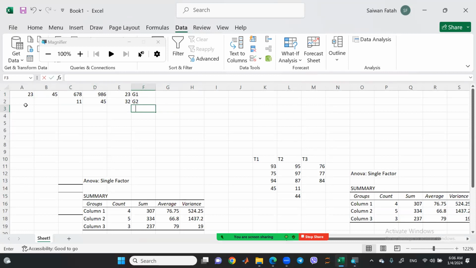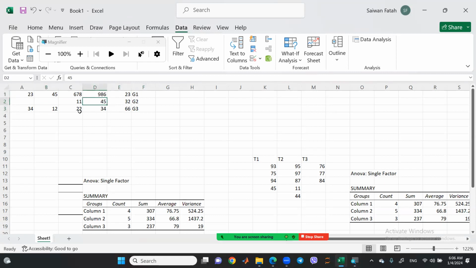For group 3, we have 5 for that one. So we have 5 for the first and third groups, and we have 3 data for the second one.